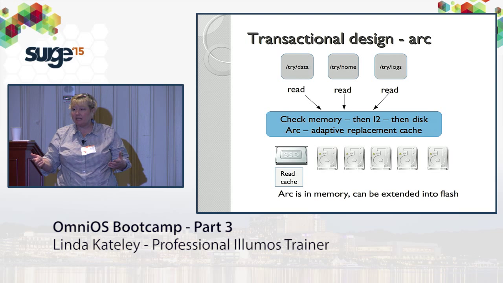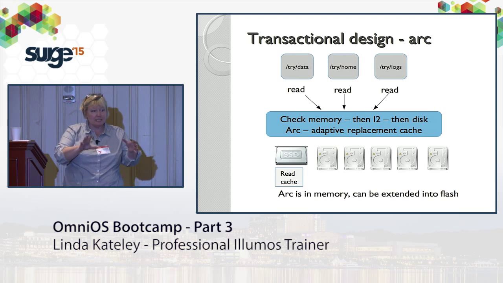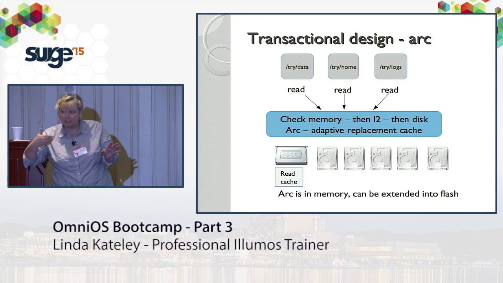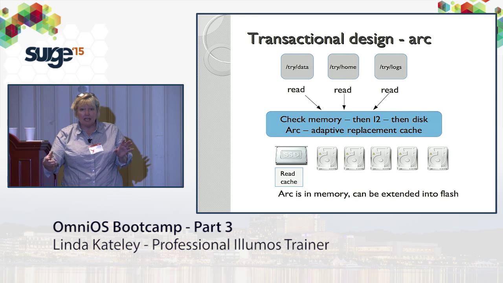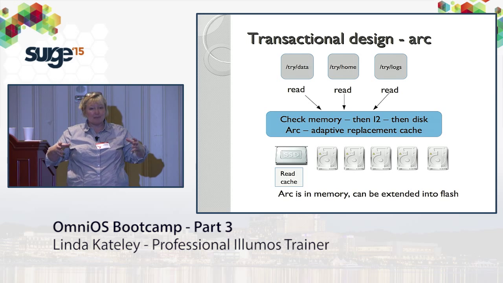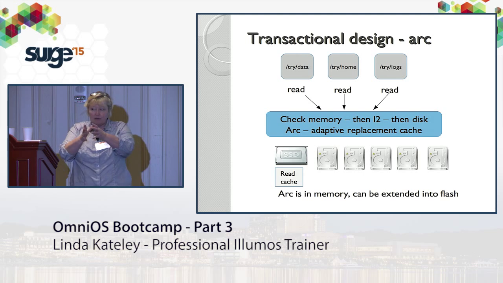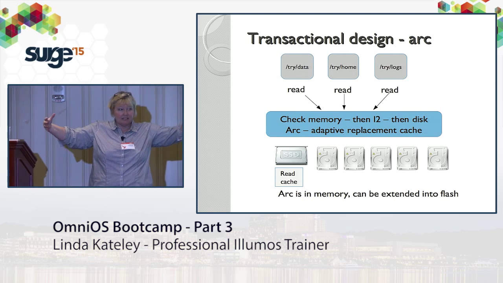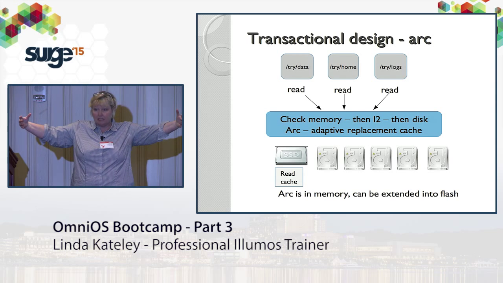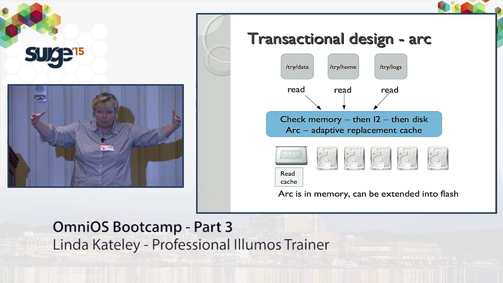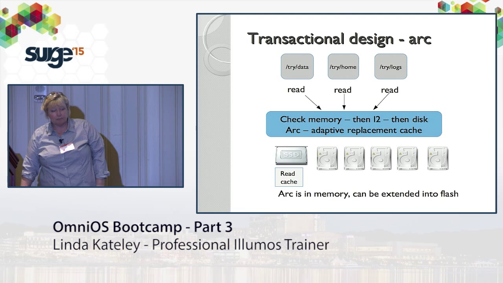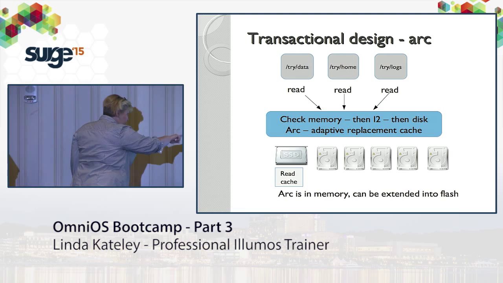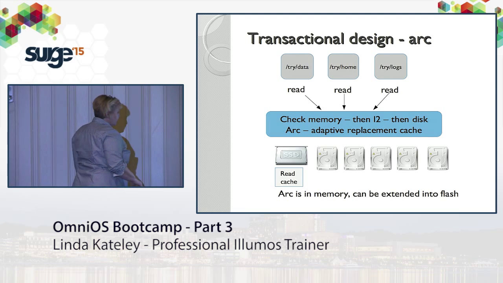The reason is that when it takes that data out of memory and lays it onto the SSDs, it has to create a table in memory of what's out there. So if you add too many SSDs, the table of what's out on the SSD starts to choke memory. So be careful with that, but we can have a little bit of additional SSD up front.